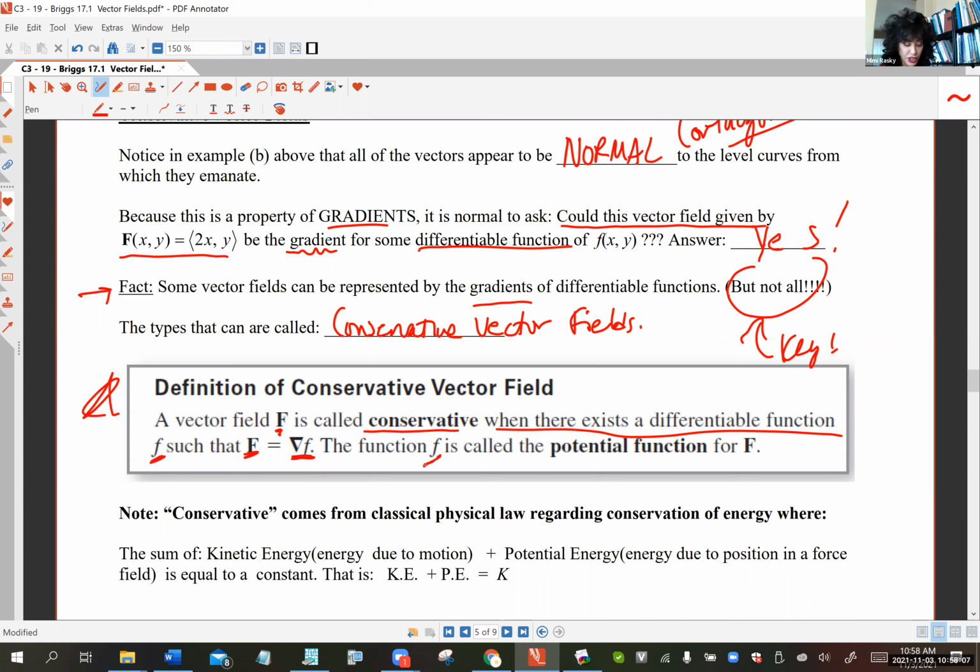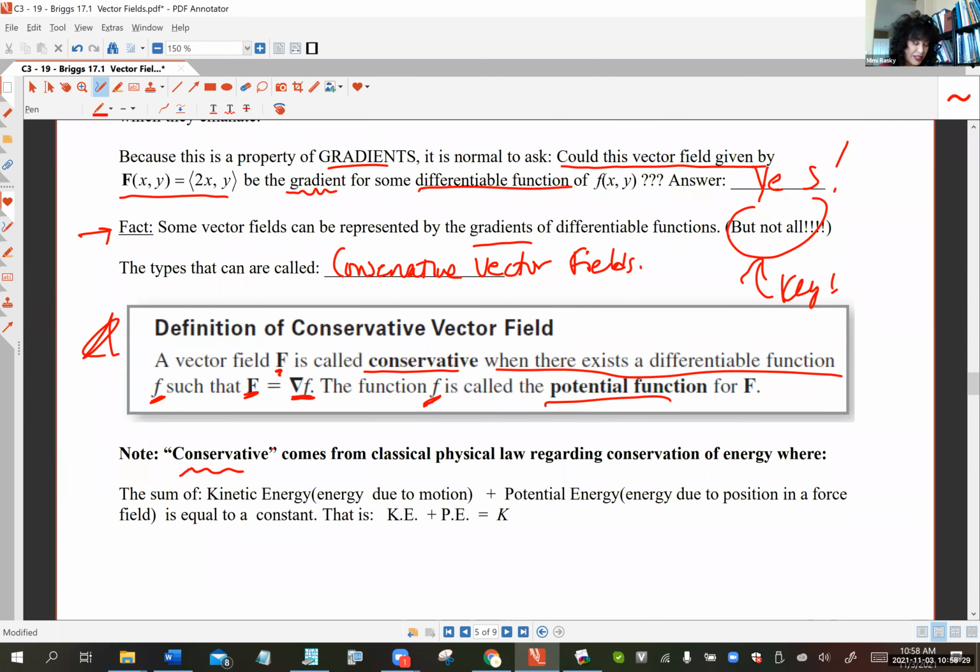And this little function f is known as a potential function for F. If you're still confused, don't worry, because hopefully in the next part of this lecture, we'll have the fog lift a little bit. Really, really important.